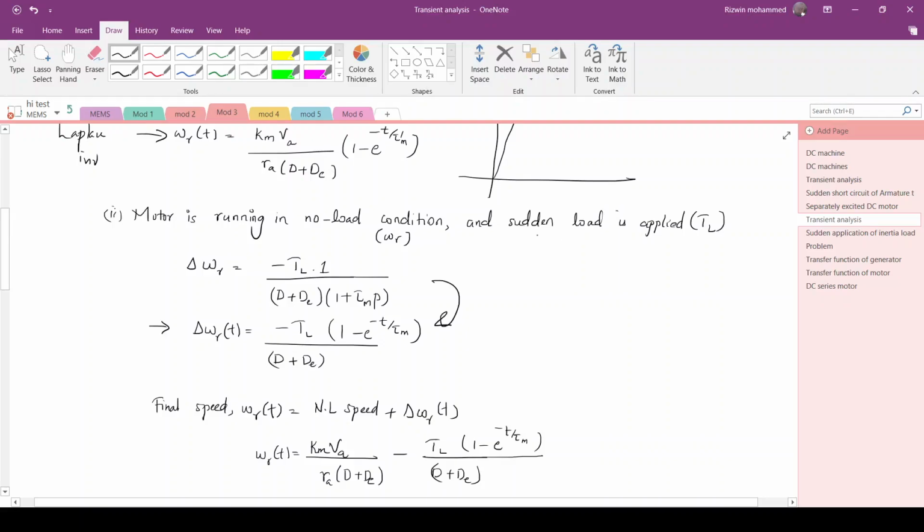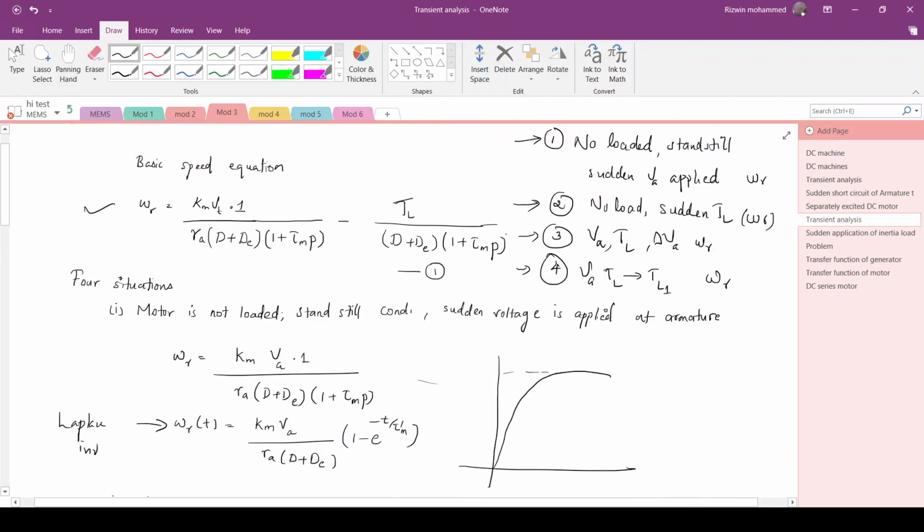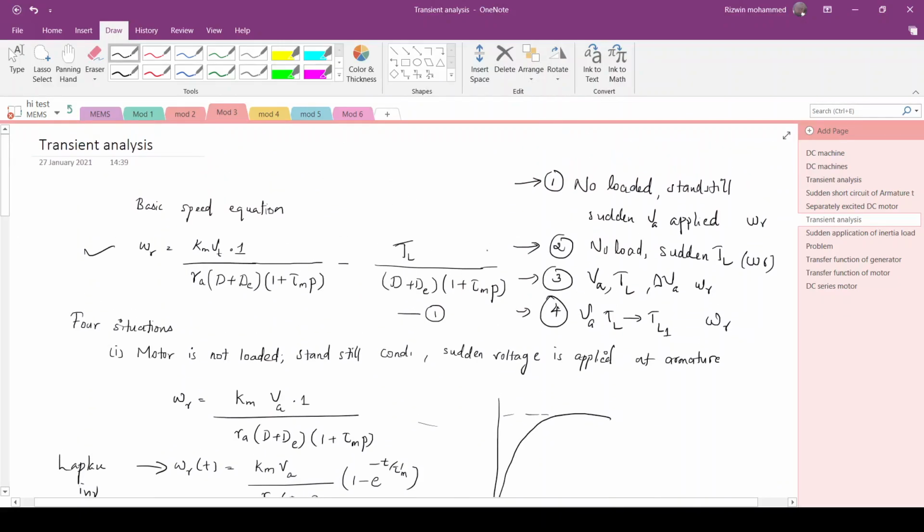Okay. So in the second case, the armature voltage is applied and the motor is running at no load condition. Then a sudden load TL is applied. So in equation number 1, there is only a transient condition due to the second term because the load has been applied. Initially, steady state condition has been attained in the first term, so there won't be any impact due to change in voltage after steady state is attained.